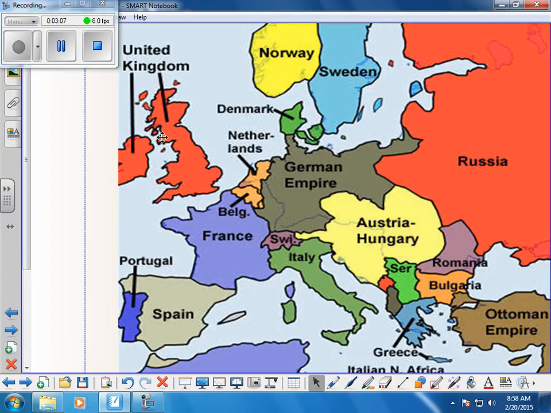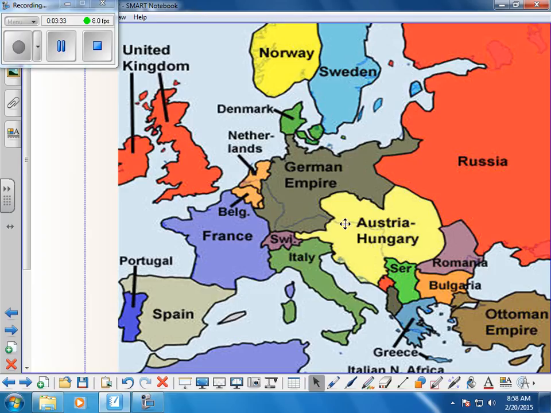All right, Denmark still exists, Netherlands, Belgium, as you can see right through here, France, Spain, Portugal, Switzerland, Italy. These areas have not changed much. The change has occurred here in Germany, well, what is now Germany. This is known, at this point in time, as the German Empire. They have united in part with Austria to create this German Empire.